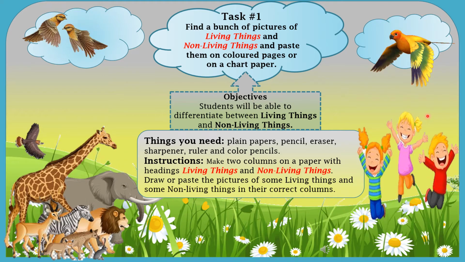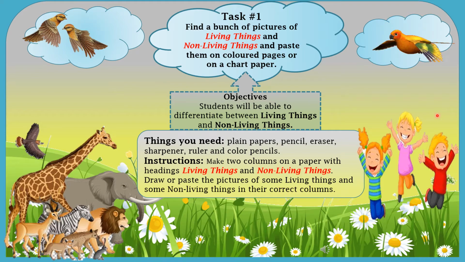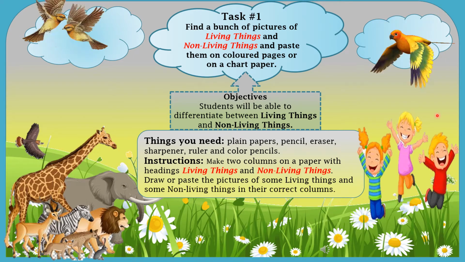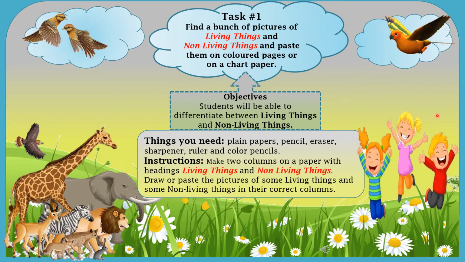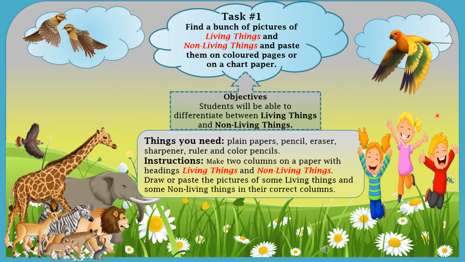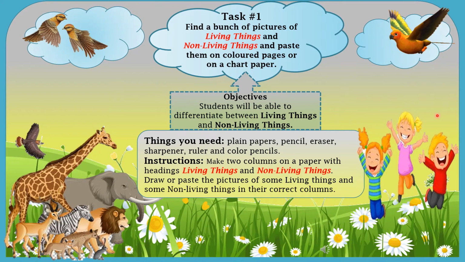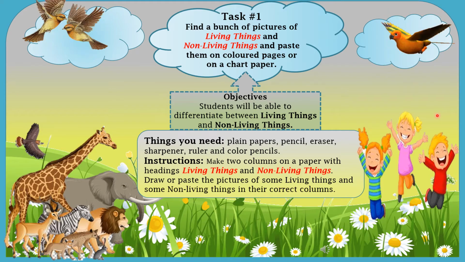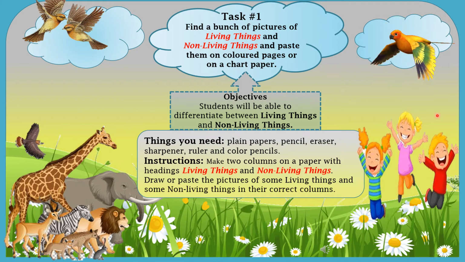Okay, if dear students you are using a big chart, then you can make 2 columns. Okay, living things and non-living things, and I would prefer that you use a colored paper book. That will be better, and you can keep that book safely, and it will be more convenient to keep it safely there at your homes.